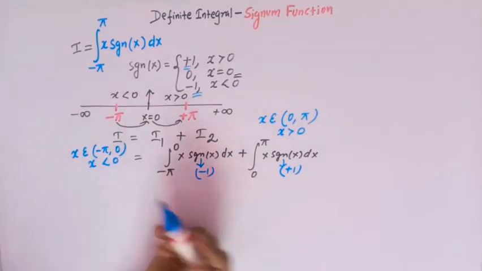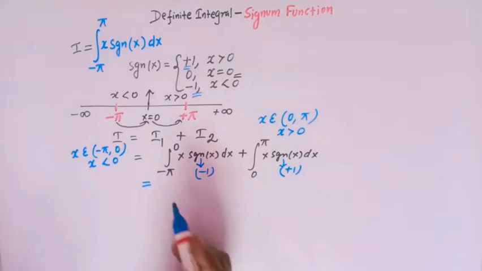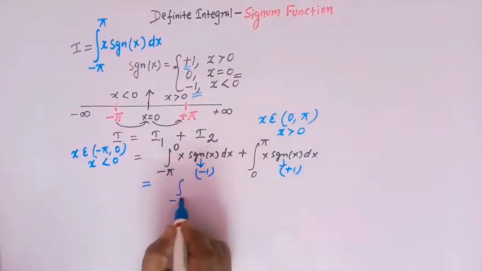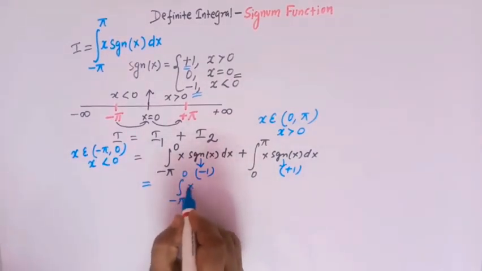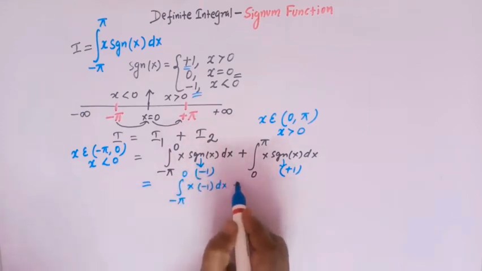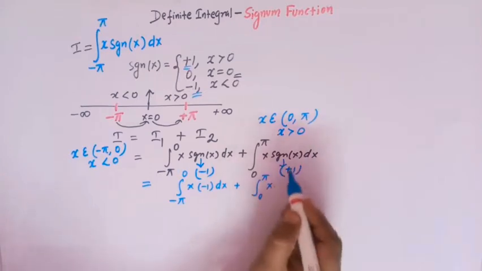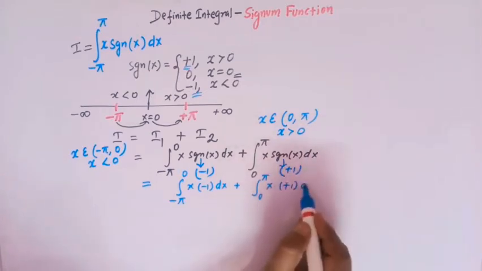Okay, so now we can rewrite these two integrals as the integral from minus pi to 0 of x times minus 1 dx, and the integral from 0 to pi of x times plus 1 dx.